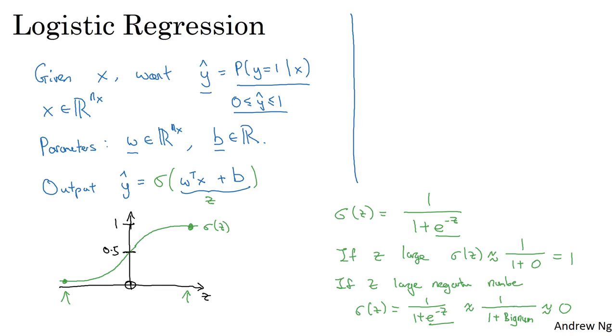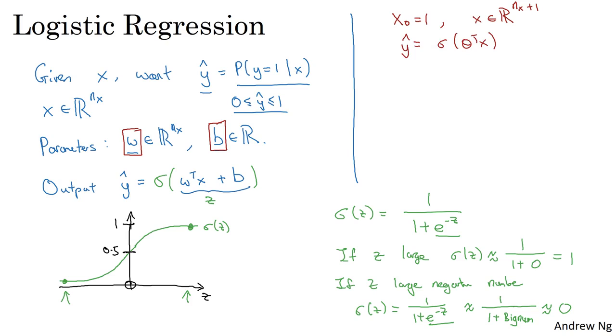Before moving on, just another note on the notation. When we program neural networks, we'll usually keep the parameter w and the parameter b separate, where here b corresponds to an intercept term. In some other classes, you might have seen a notation that handles this differently. In some conventions, you define an extra feature called x0 and make that equal to 1, so that now x is in R of nx plus 1, and then you define y hat to be equal to sigma of theta transpose x.